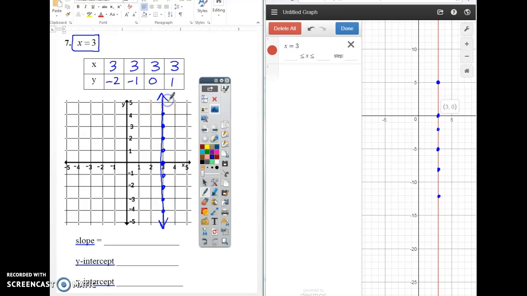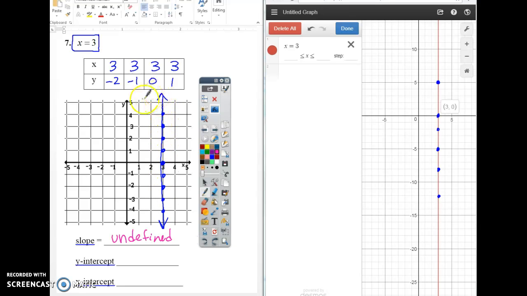Right? What type of slope is that? Look in the word wall. Is that a 0 slope? No, that's an undefined slope. Okay? The y-intercept, that means does it ever cross the y-axis?